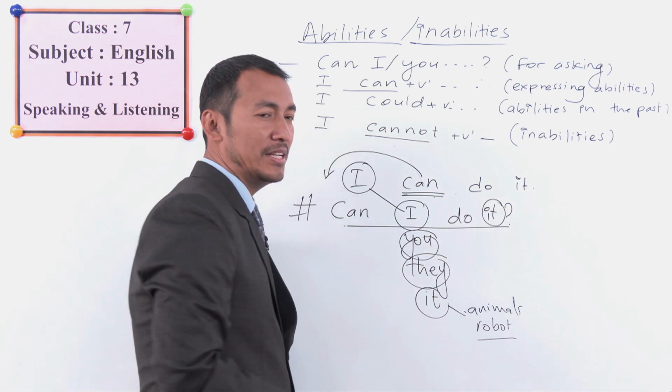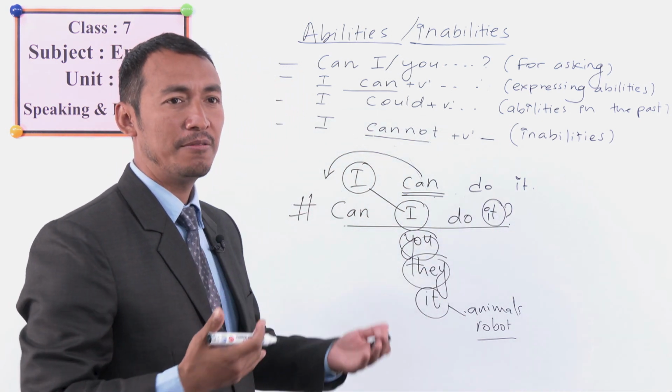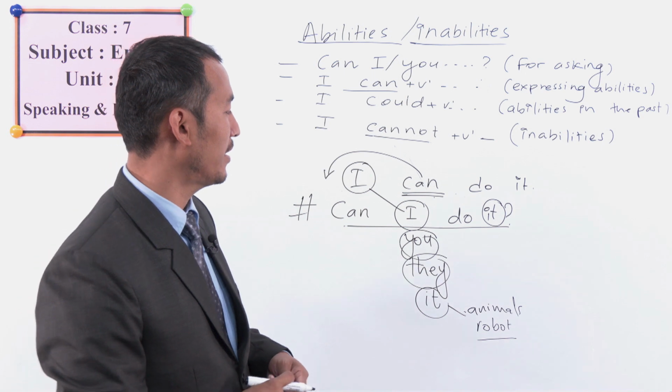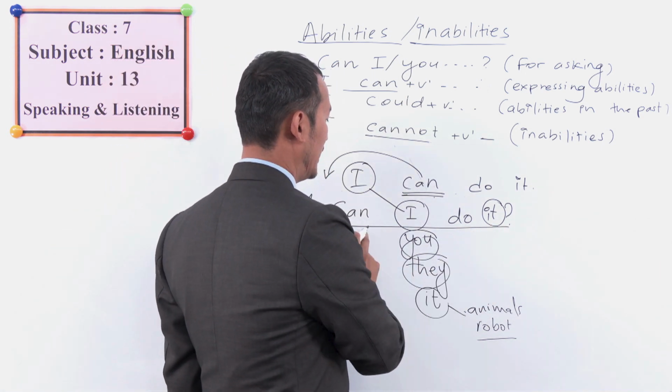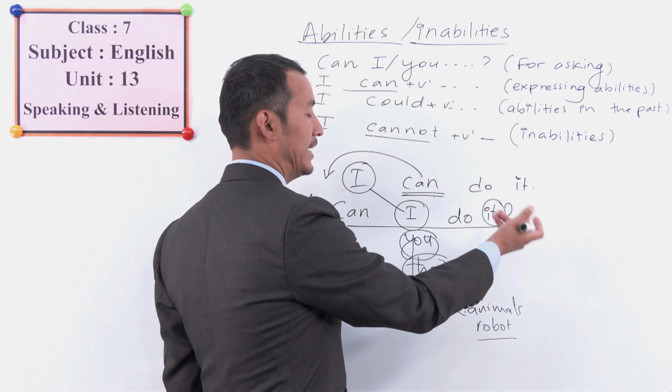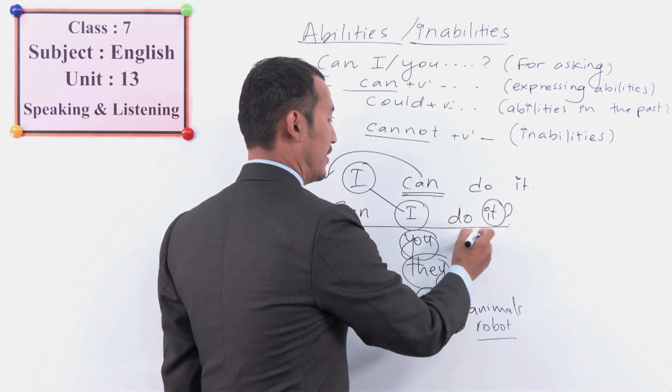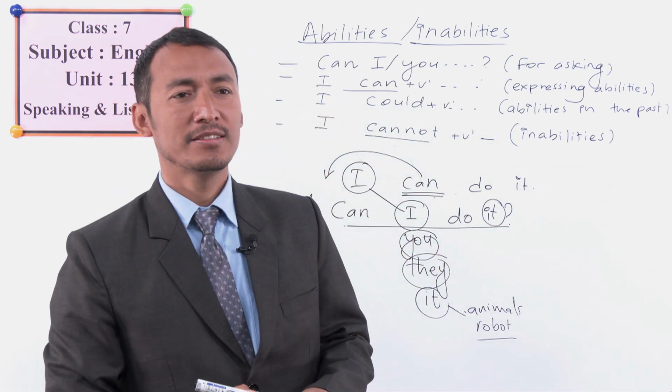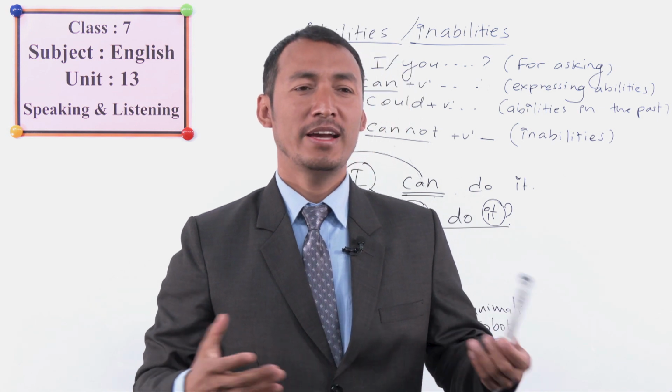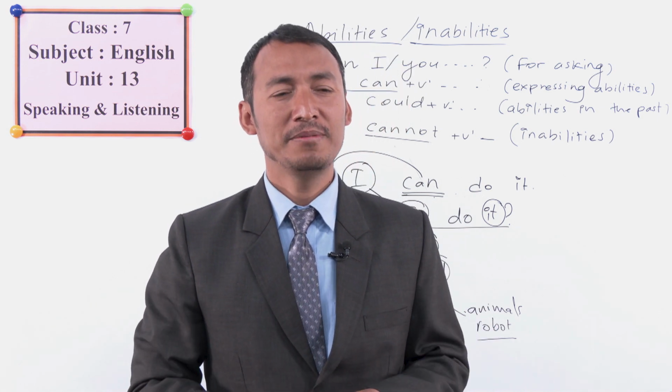Here it means anything that you wish to have done. For example, can I do it means can I sing, or anything you can expect from others to be done, or any exercises or any activities.